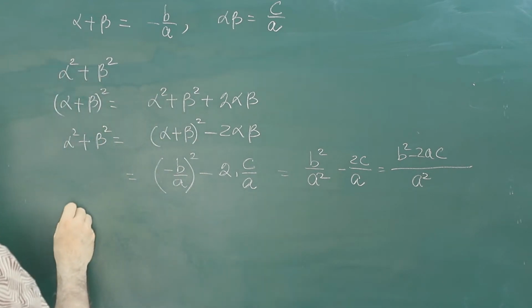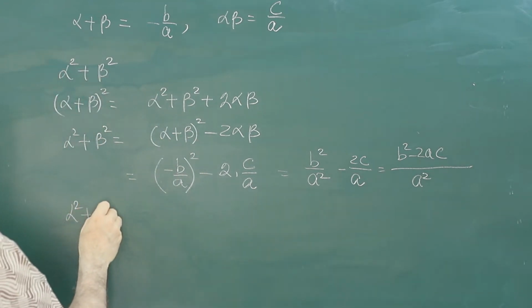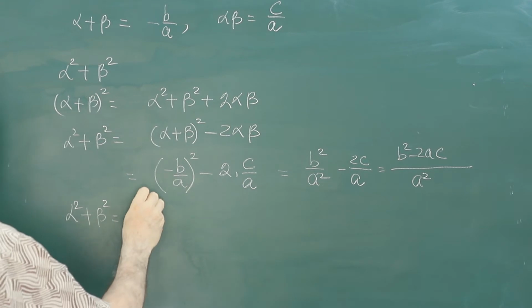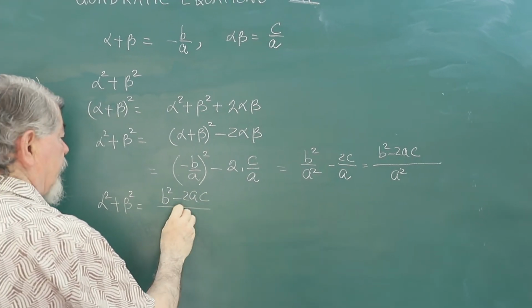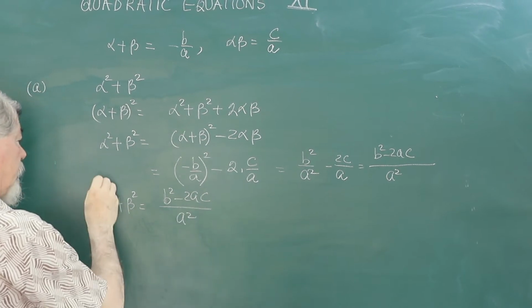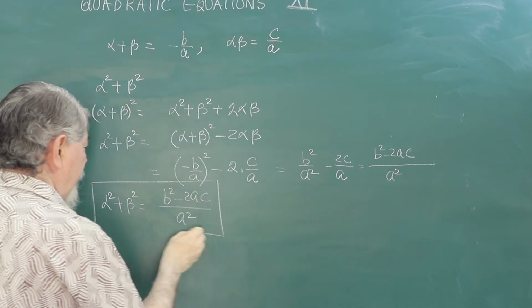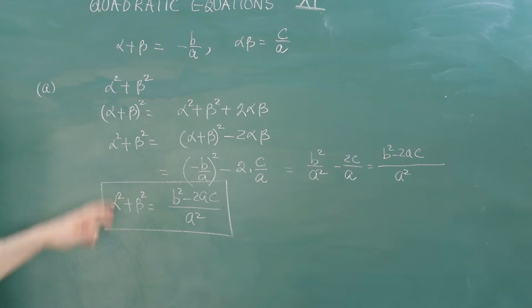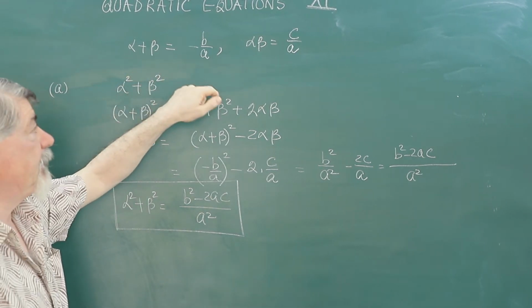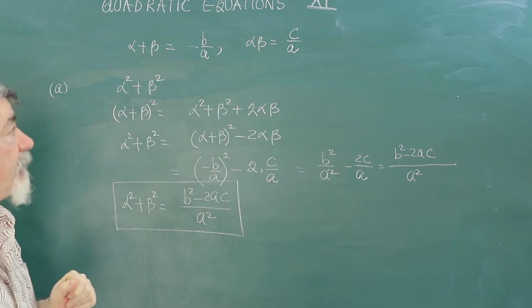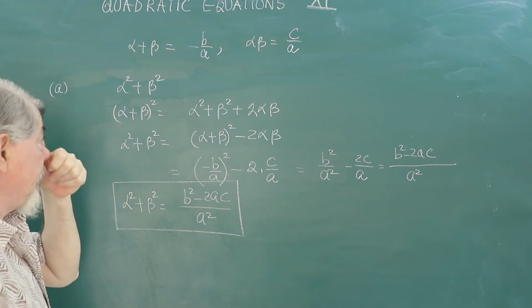So your alpha square plus beta square will become equal to b square minus 2ac upon a square. This is the value of alpha square plus beta square when alpha plus beta is minus b upon a, and alpha beta is c upon a.